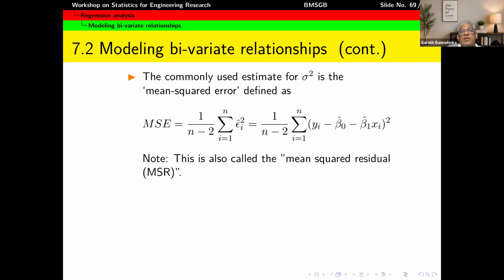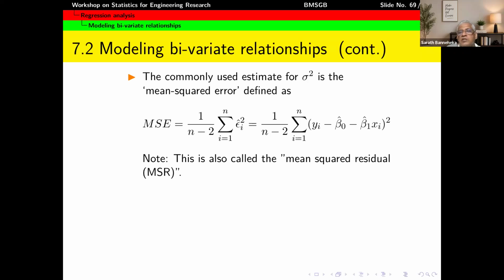The commonly used estimate for sigma square is actually the mean squared error that I mentioned previously also. The more correct word would be mean square residual actually, because epsilon i's are the errors, epsilon i hat are the residuals. So what we are looking at here is the squared residuals, taking the sum and dividing by n minus 2 to get some kind of average.